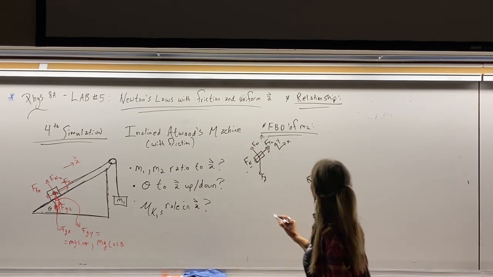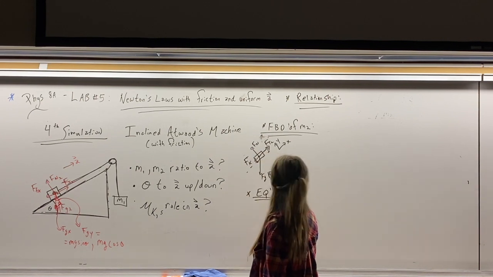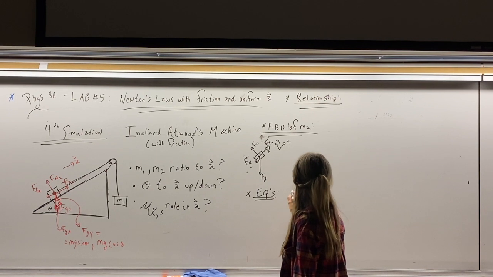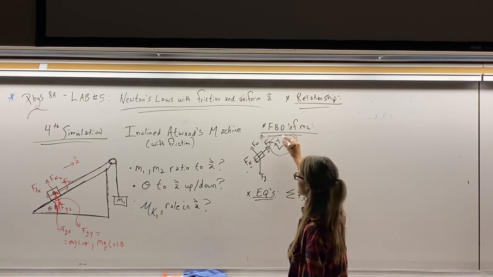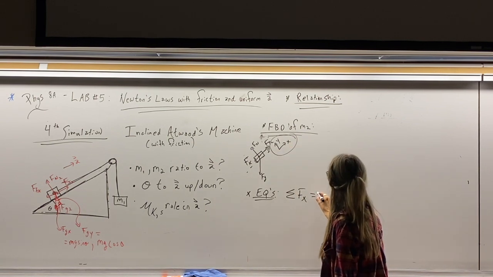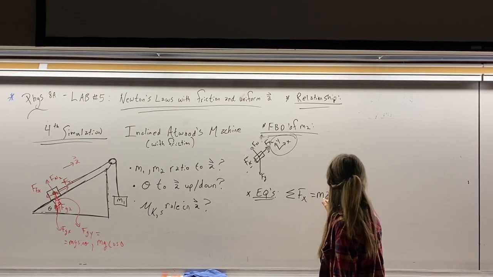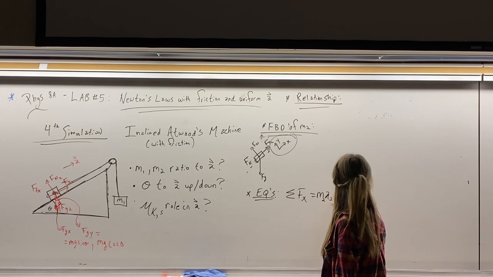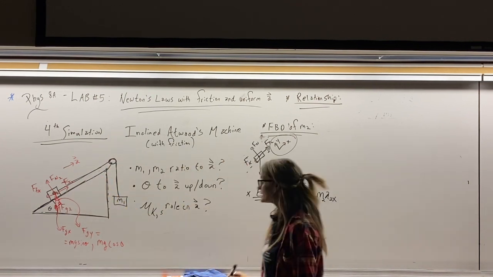Okay. So my equations are going to be somewhat a little more intricate for this one. The sum of all my forces along the horizontal direction defined by my convention here will equal mass times acceleration, mass of 2, acceleration of 2 in the x direction. And that's going to be non-zero by the way I defined it here.